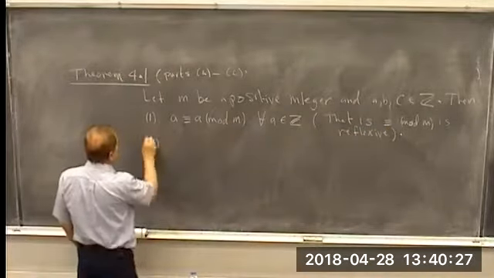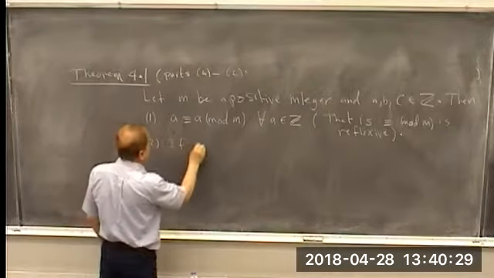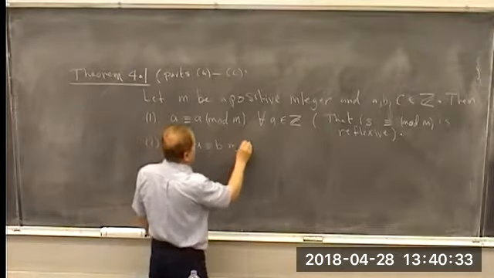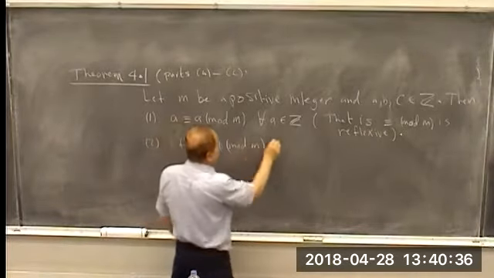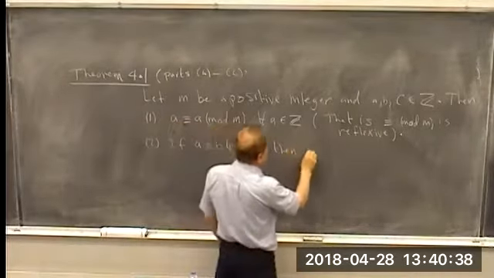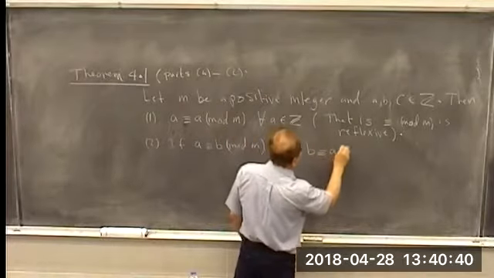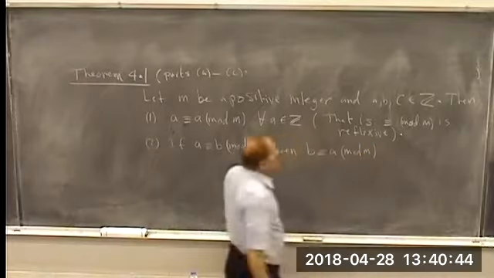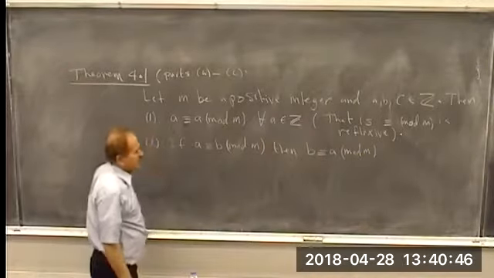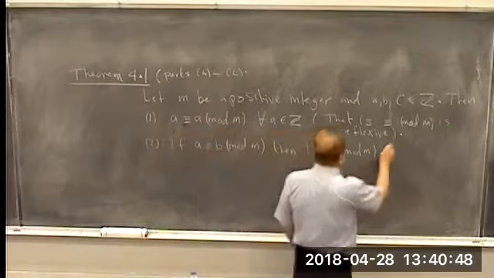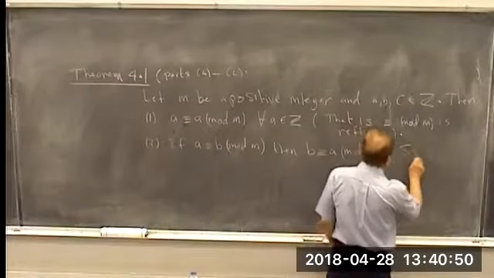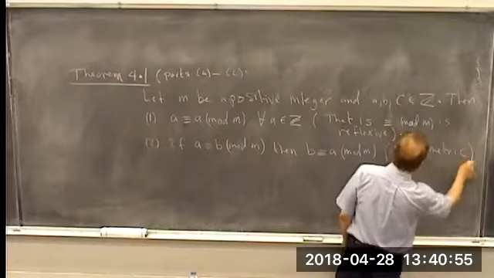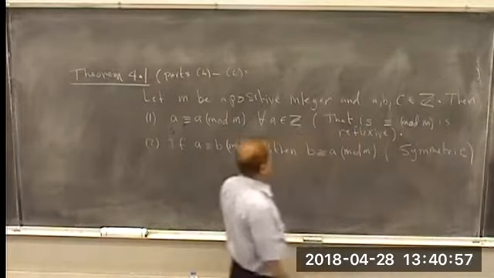Second, if it happens that A is congruent to B mod M, then B is congruent to A mod M. This says that the congruence relation is symmetric.